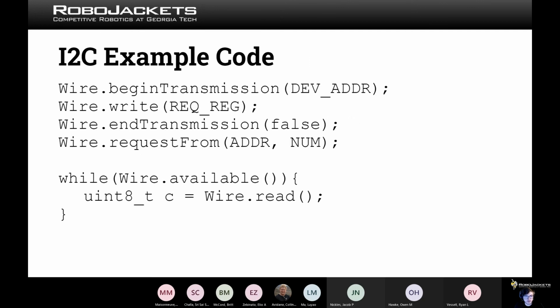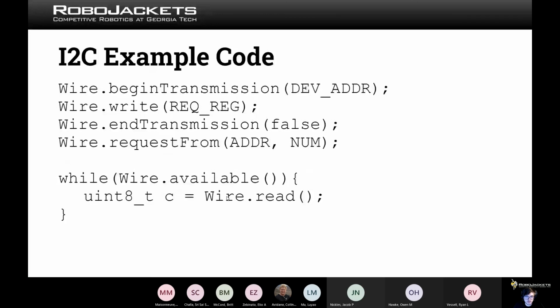So here's some example code. Like I said, in the lab we can get more specific into it, but you have to start the transmission with the specific address that you want. It's usually in hex, as we covered in previous weeks. We'll write to the register that we want, and then you'll do end transmission.